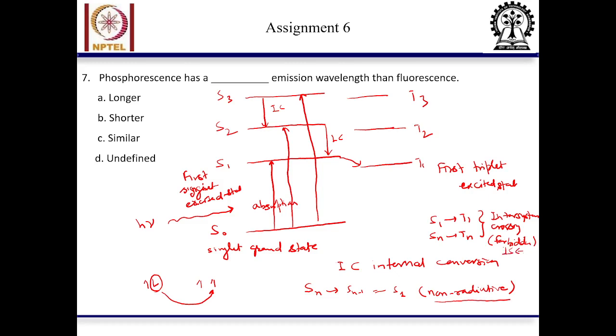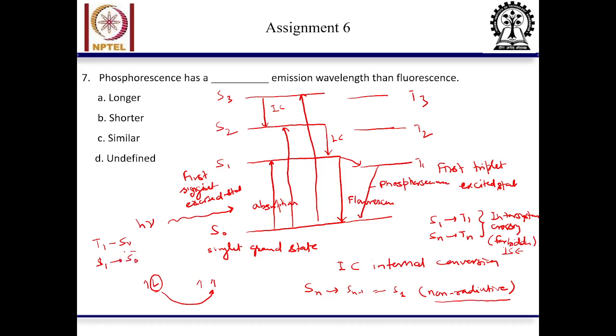Now one more process is there. When it comes from S1 to S0, this is called fluorescence. And if it comes from T1 to S0, this is called phosphorescence. Tell me which one has the higher energy, T1 to S0 or S1 to S0?